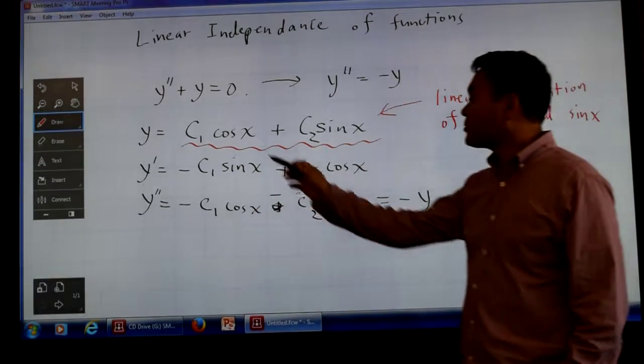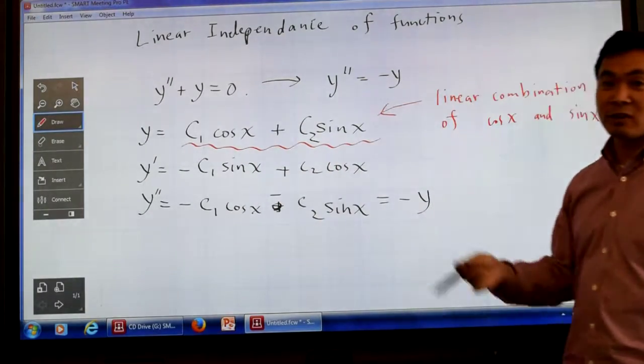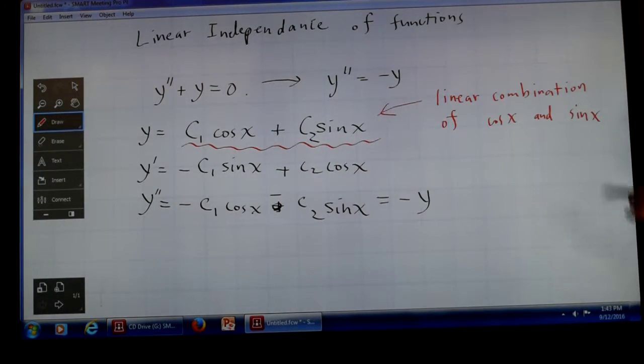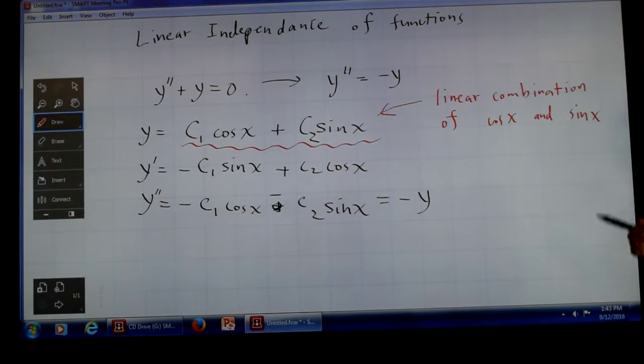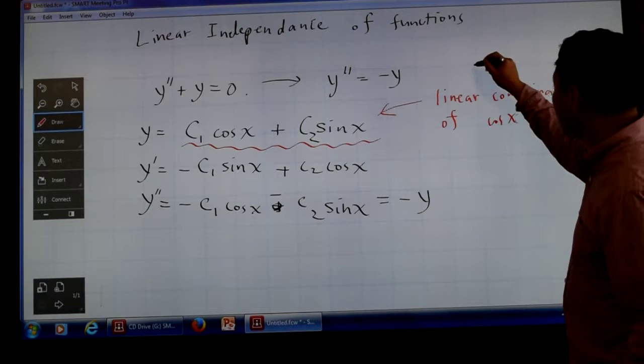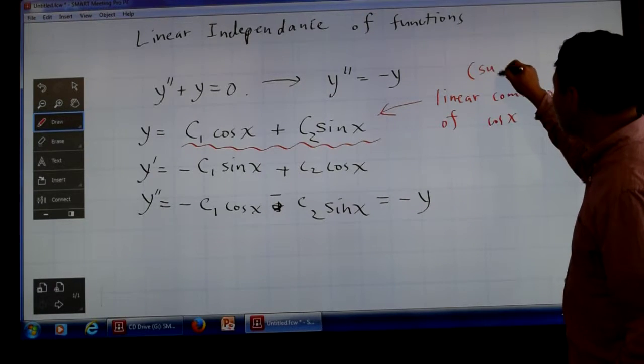If it was some other function like e to the x, e to the negative x, whatever function you have, c1 times the first function plus c2 times the second function will be called a linear combination of the two functions. And sometimes it's also called a superposition of two functions. Sometimes known as superposition.